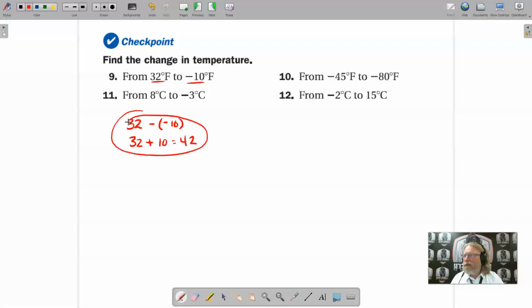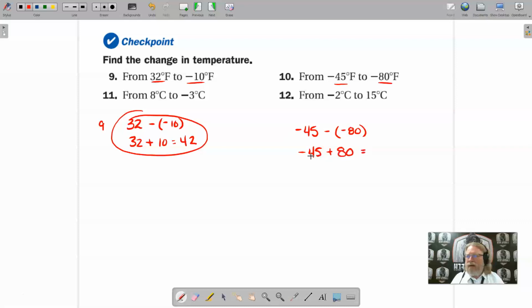That is number 9. Looking at number 10, -45 and -80. Well, -45 is the greater value, so I'm going to find the difference between -45 and -80. So we end up with -45. Change the sign to addition. Take the opposite of -80, which is +80.